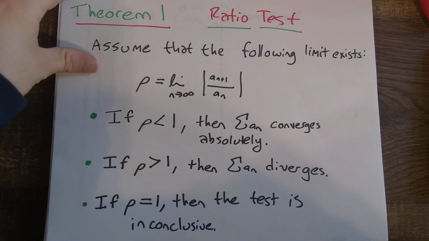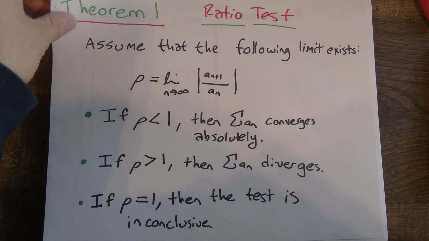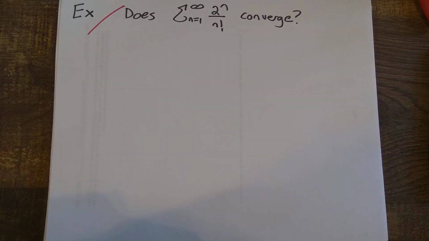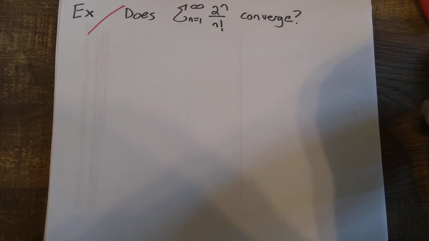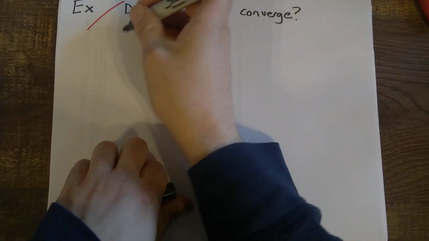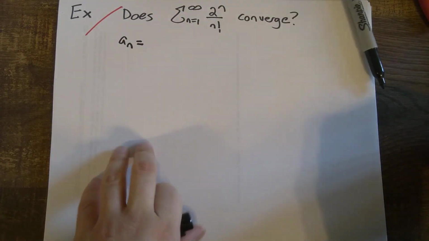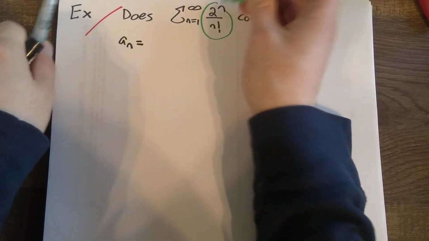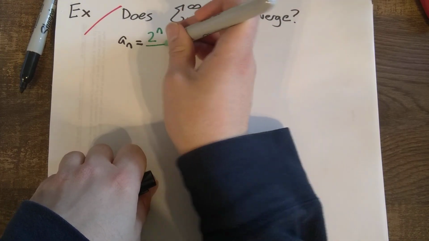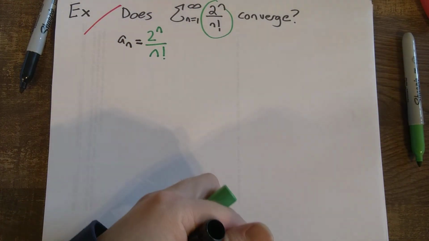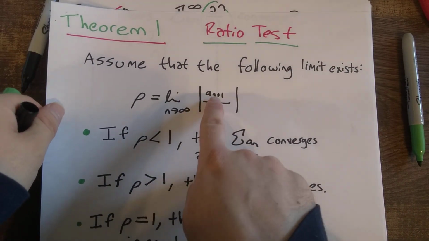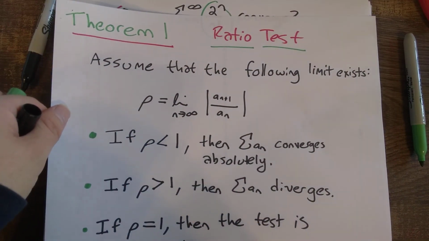So let's go ahead and look at a first example in this video of how to use this. Here is a series. Does the sum from n equals 1 to infinity of 2 to the n over n factorial converge or diverge? In this case, a sub n is 2 to the n over n factorial. We want to form the ratio of a sub n plus 1 divided by a sub n.